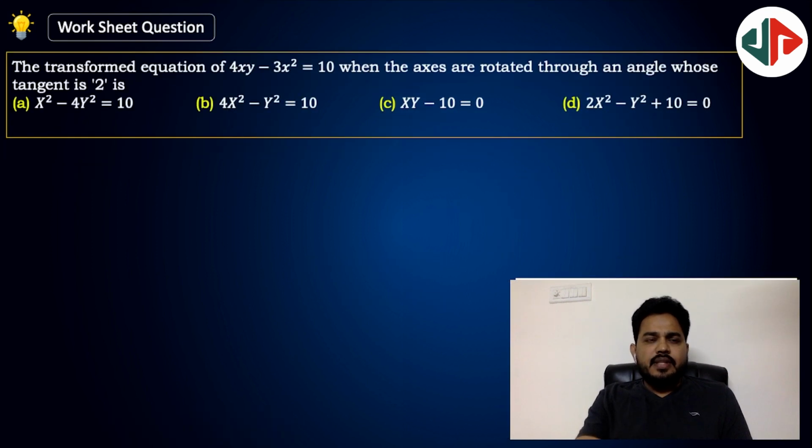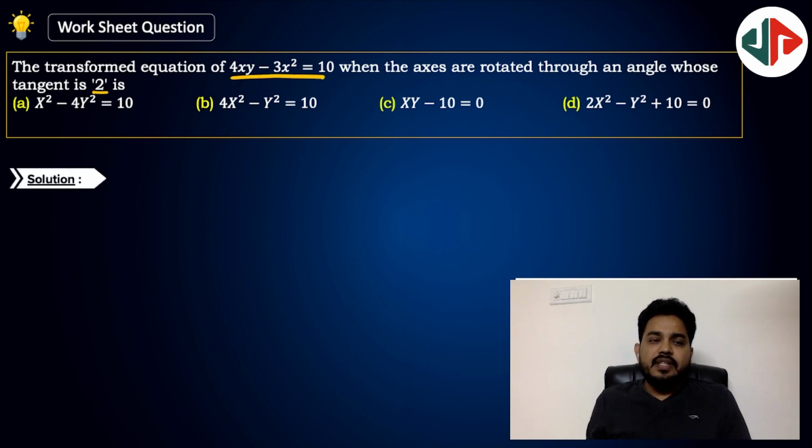Next question is the transformed equation of this one when axes are rotated through an angle of theta. So this is the original equation. Axes are rotated through an angle of theta is equal. So what is that? Tan theta is equal to 2.